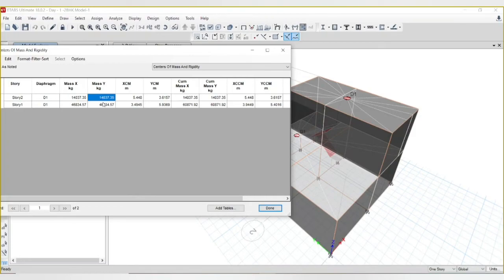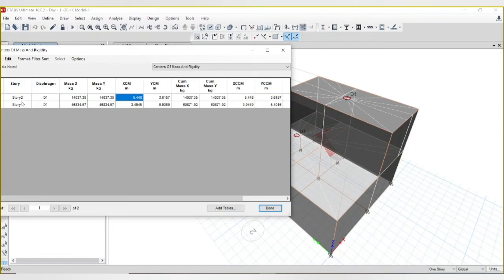Mass in x and y direction. Center of mass, from here the first center of mass is at 5 meter in x distance and y distance will be 3.6. Sorry, this is the second floor, 5 meter from here and 3.6 in y direction.